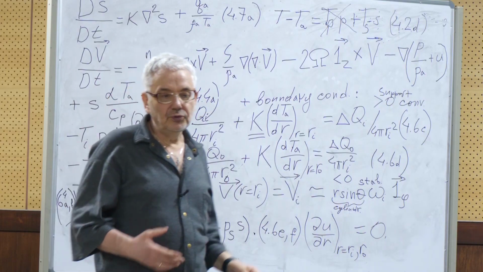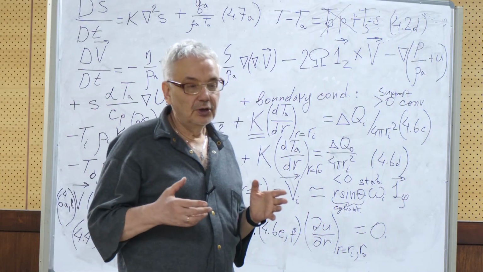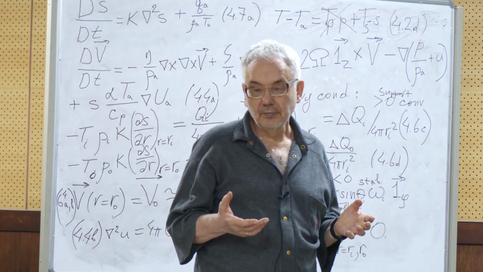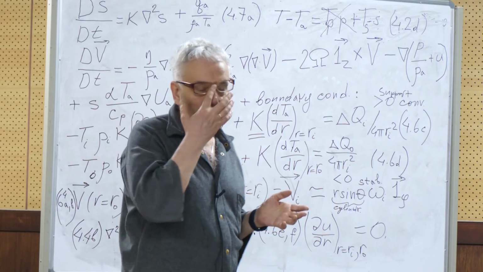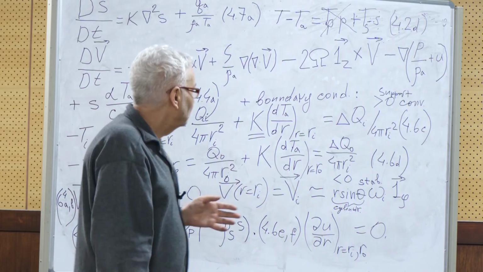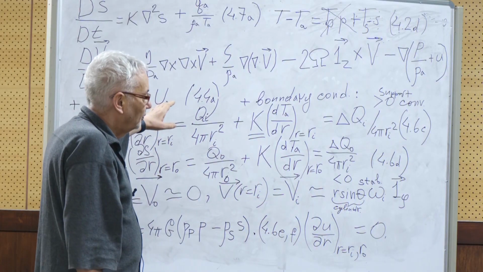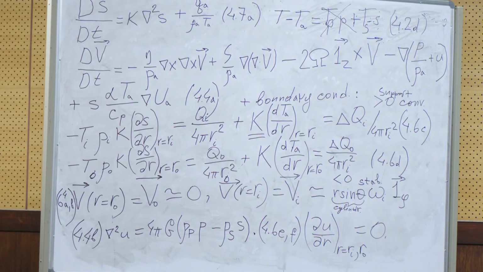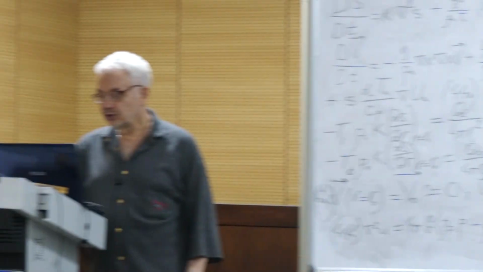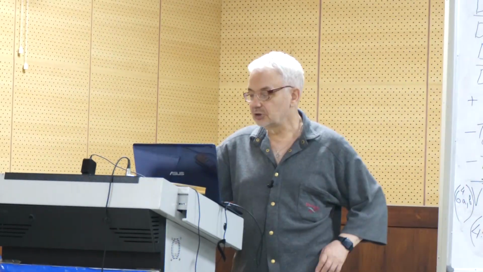It effectively enters as a small parameter near the high order derivative. From one point of view, it's very difficult to calculate. But from an analytical point of view, you work on the boundaries, where there is a thin layer with a thickness of the square root of the Ekman number.